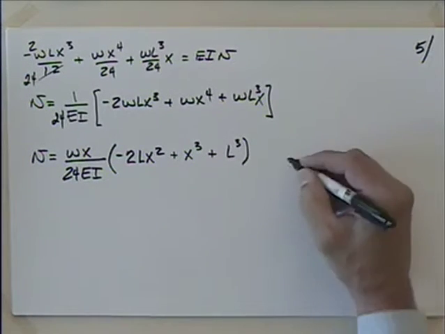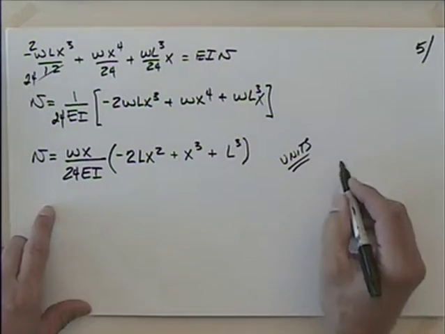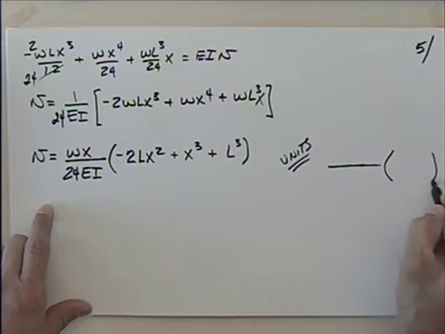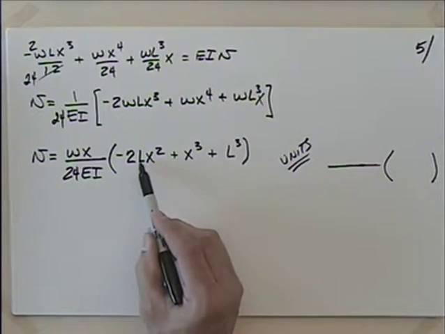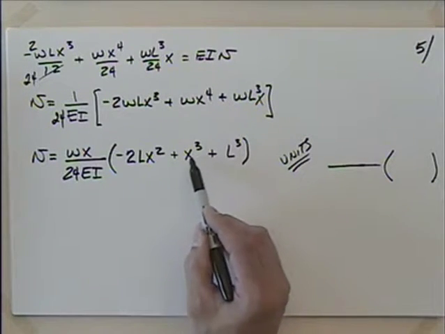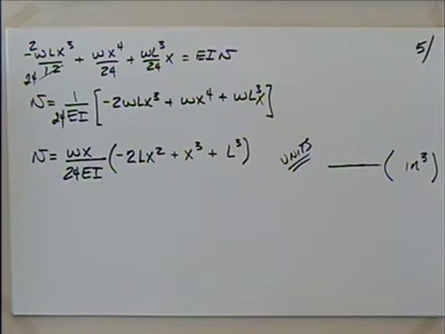So what if I look at the units on this? What units would we have in the parenthesis? This is going to be length times length squared, length cubed, length cubed. So let's say that this is inches cubed. You have to be careful if we're talking feet, but I'll put that in inches cubed.